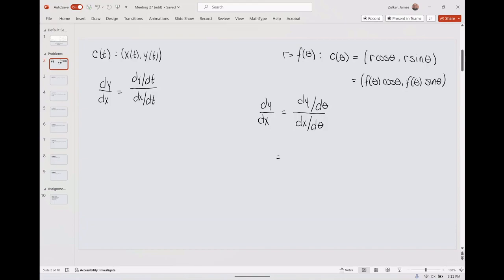The product rule, right? There's dy dx. So if we ask for the slope of a polar curve at a specific point, there's your formula to find dy dx. Then you just have to plug in what theta is.